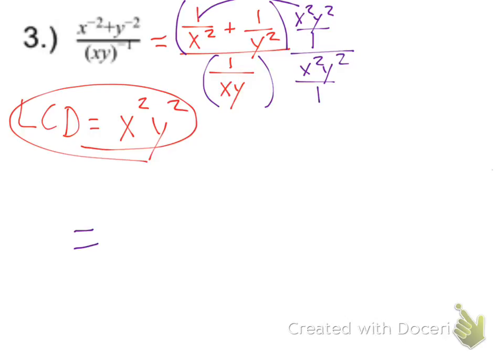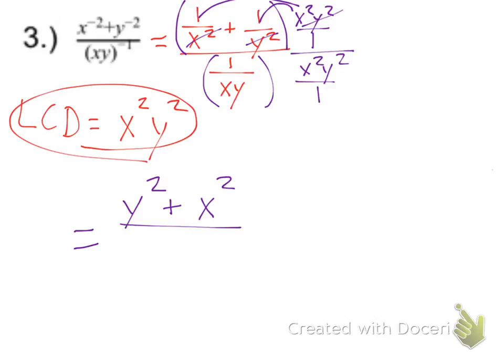I have an x squared on top and an x squared on the bottom. They cancel. The only thing left is y squared. Then I go back and do the same thing with the second fraction. What's going to cancel there? The y squareds cancel, just like the x squareds canceled. And then you get plus x squared.